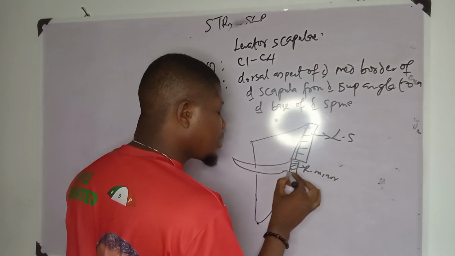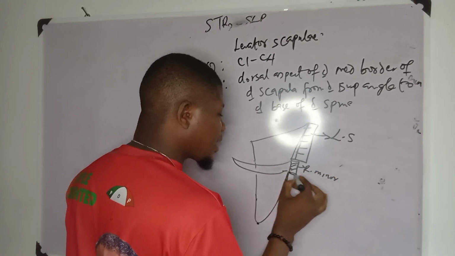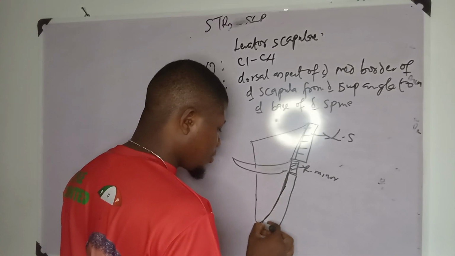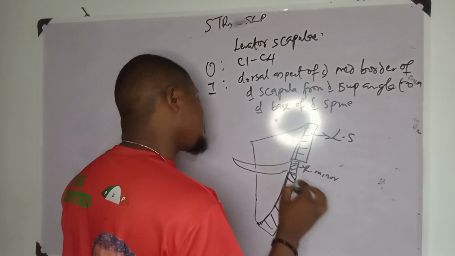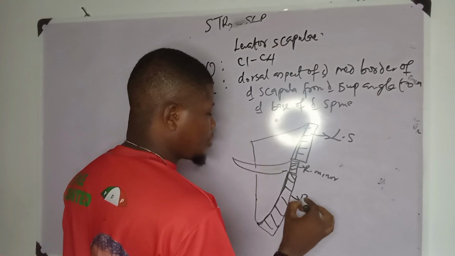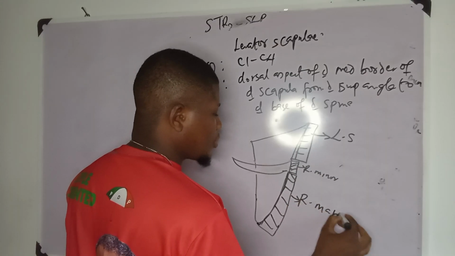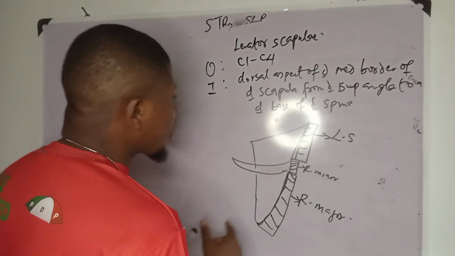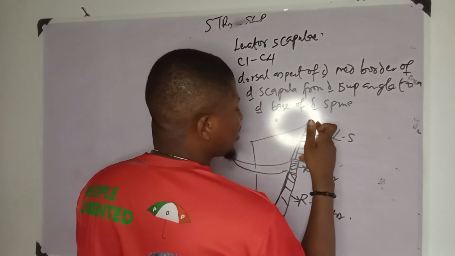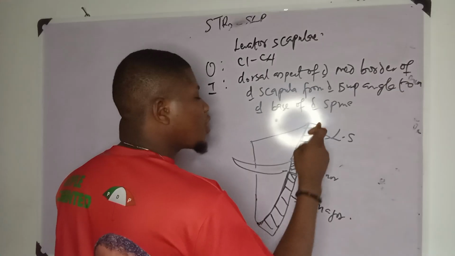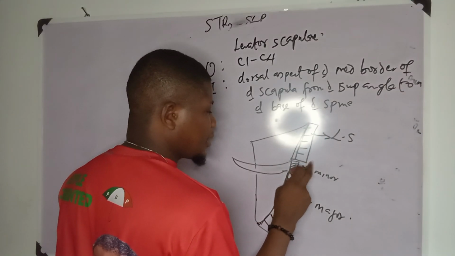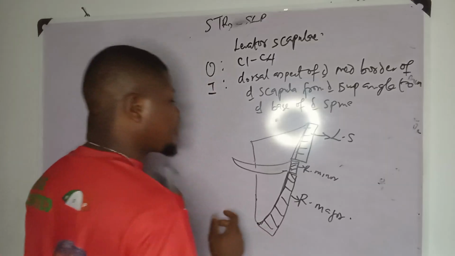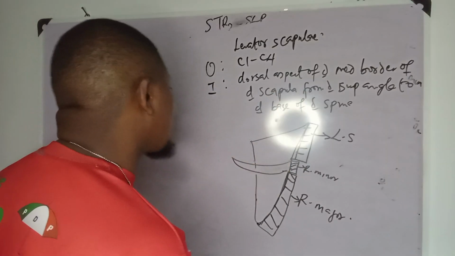Then the one that inserts from the base of the spine down to the inferior angle is rhomboid major. Do you understand? So that is how they insert. This is the insertion of the three of them.